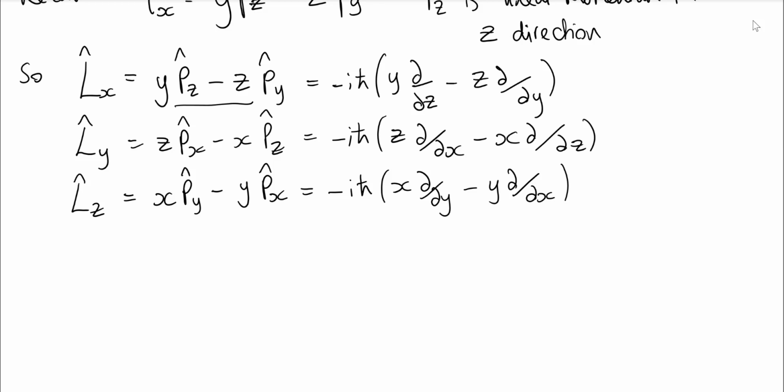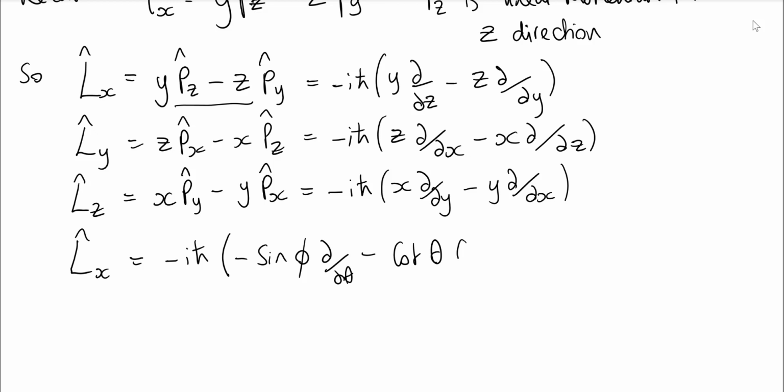So we're just going to jump straight to these same operators in terms of spherical coordinates now. So L sub x is equal to minus i h bar, and inside the brackets is minus sine phi di by di theta minus cotangent theta cosine phi di by di phi.